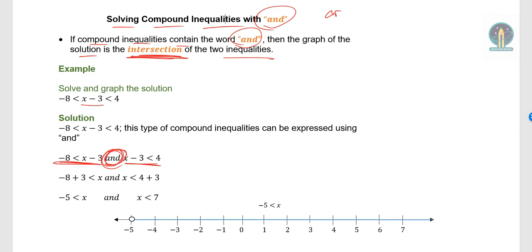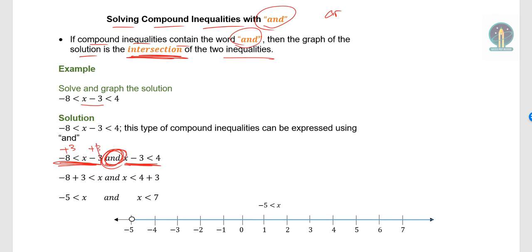So the way to solve this type of inequality is to reduce each of the two portions by solving for the x, and then graphing them and finding the intersection. So let's look at how this could be done. Minus 8 is less than x minus 3. We'd like to separate the x on one side, so we can add 3 here and here.